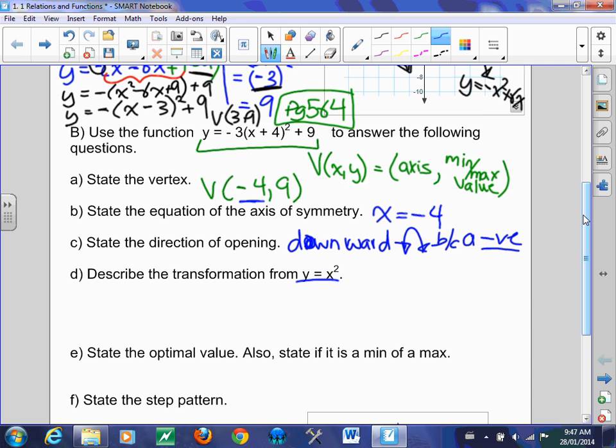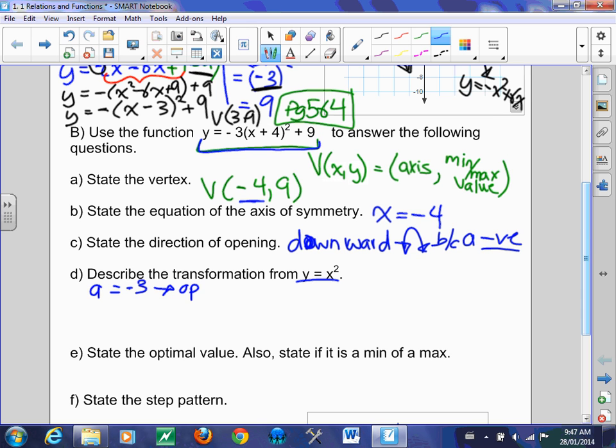Remember we discussed last day that y equals x squared is your parent function. So how do you transform the equation from y equals x squared to y equals negative 3 bracket x plus 4 squared plus 9? Well, first of all, let's start by breaking it down. What do each of the letters mean? So we know A equals negative 3. That tells us two things.